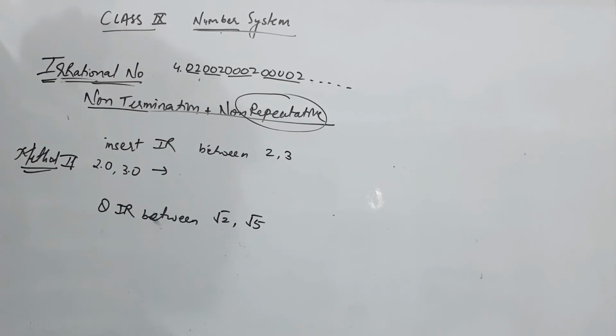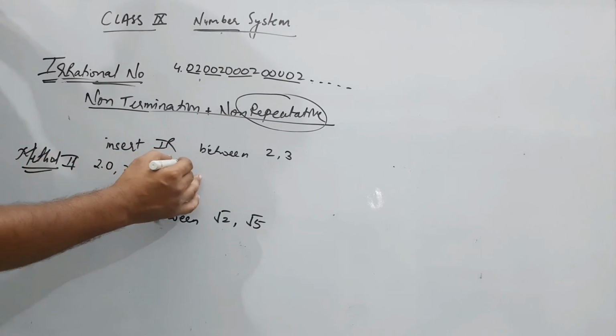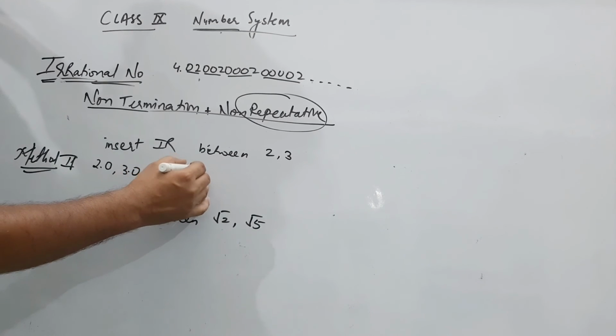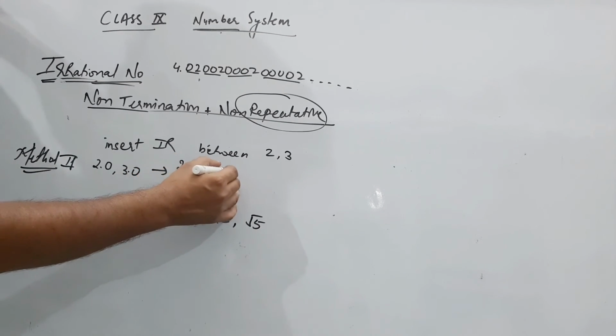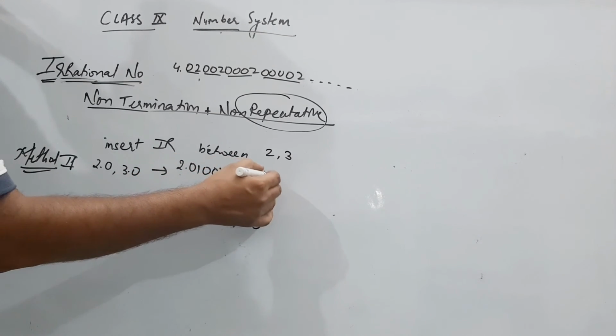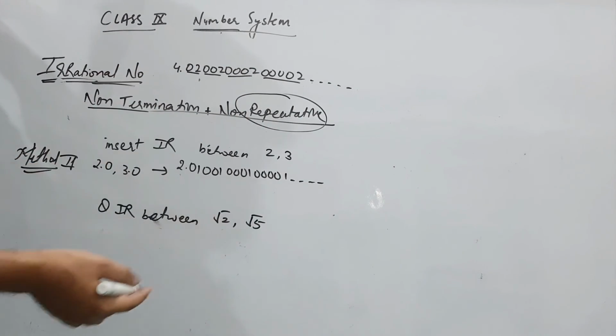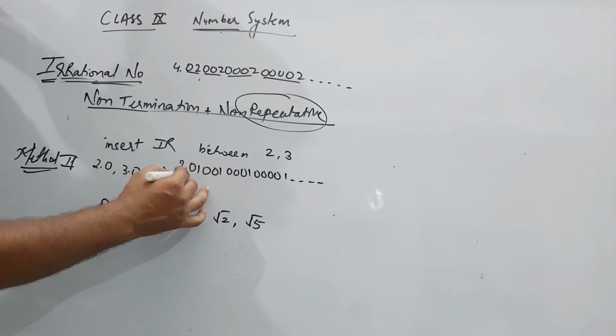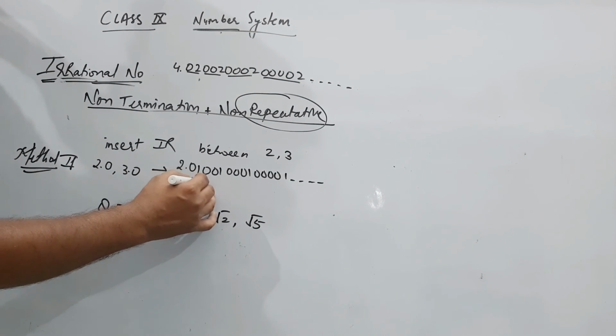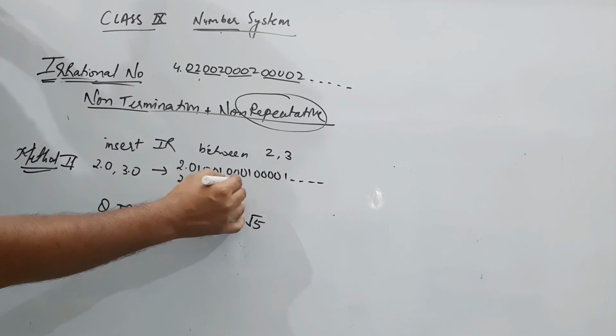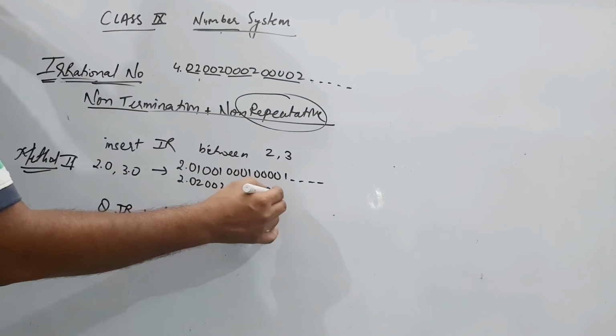Same thing we can apply here. So 2.0 we can apply. So 2.01, 001, 0001, and goes on. That is the first number. Suppose you have to find more, so you can write 0.02, 002, 0002.